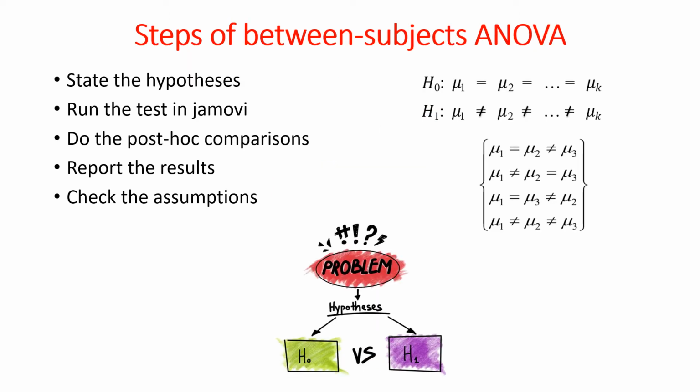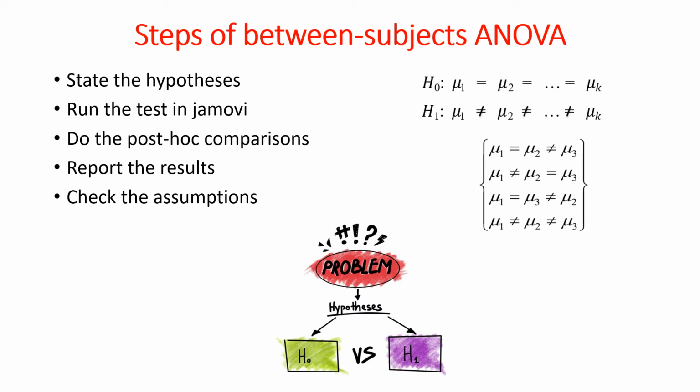Just like any other test, we need to go through certain steps. First, we need to state the hypothesis. Since in an ANOVA we have more than two means, the null hypothesis states that the means of group one, two, or three, or any number of groups you have in your sample are not different.